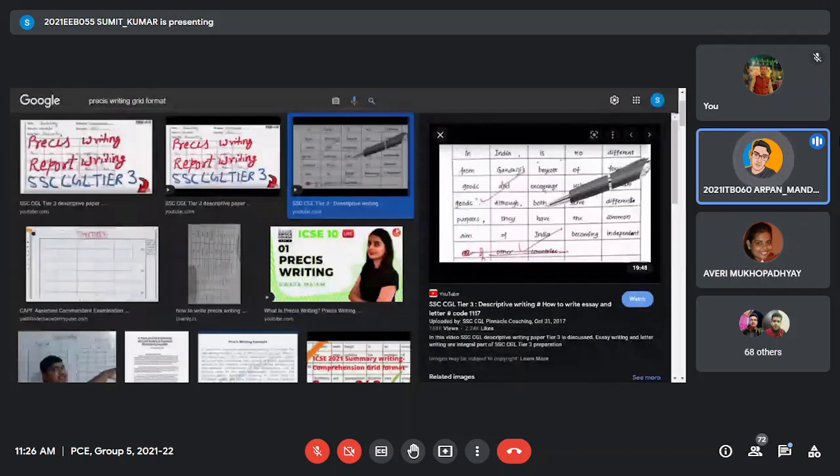The Pressy is one third of the passage, whatever passage you are given. Not more than that. For a summary and other things, it can be half the length of the passage. But for Pressy, since it is precise, concise, compressed information of the idea of the passage, it's one third of the actual length.